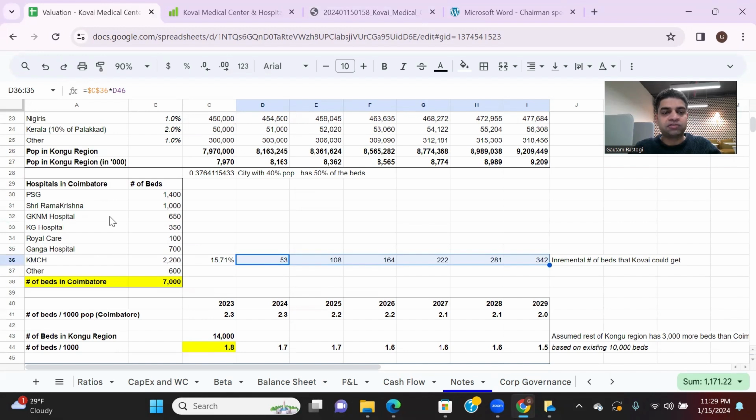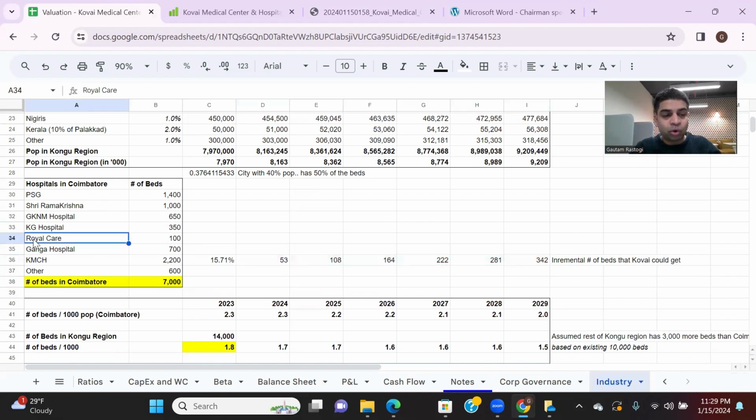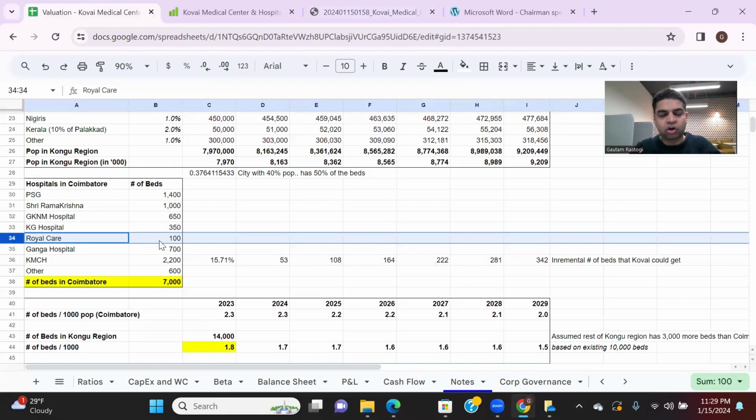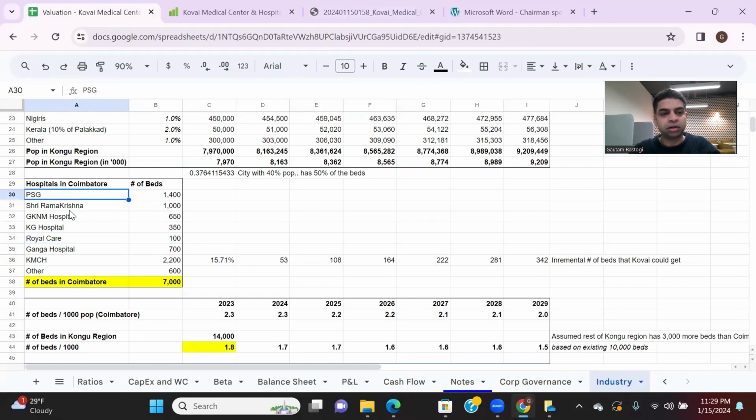that's why it's very important to not just focus on Kauai, but some of the other hospitals that make up that region as well. There is Royal Care, which came up recently, a hospital run by doctors who used to work at Kauai. Then there is PSG, which is a very popular hospital. There's Ramakrishna.